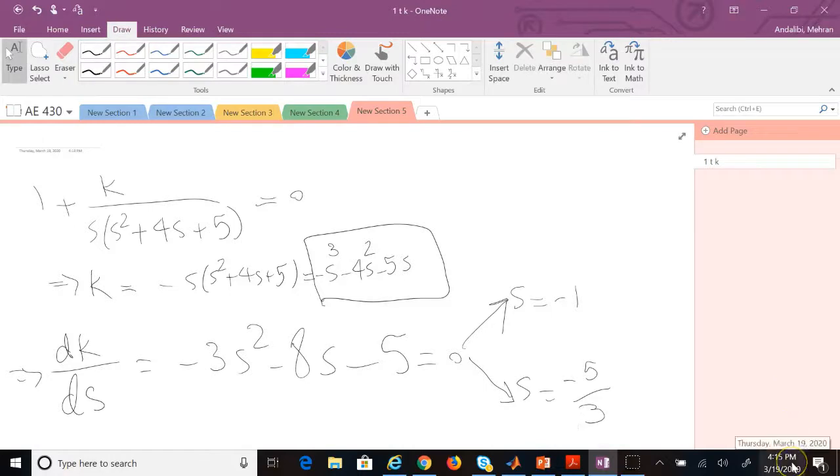Okay, now are both of them actual breakaway and break-in points? Well, we're going to plug them back into the K formula, K as a function of S, and see what K values they give me back. So if I plug in negative 1 in here, what would you get?